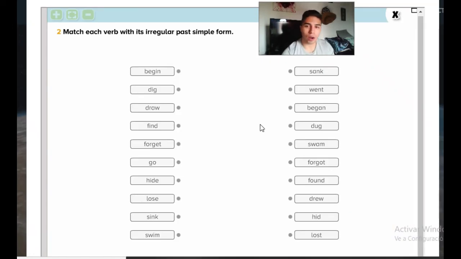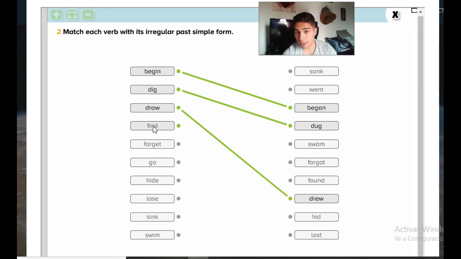And now we are going to do this super fast. So began, as I told you, with the flashcards. Dig, dug. Remember to express your words. Draw, drew. Excellent. Find, found. That's right.